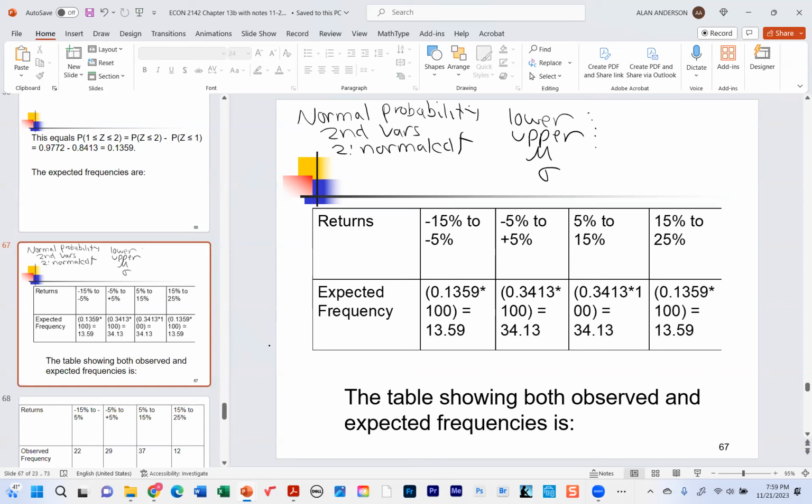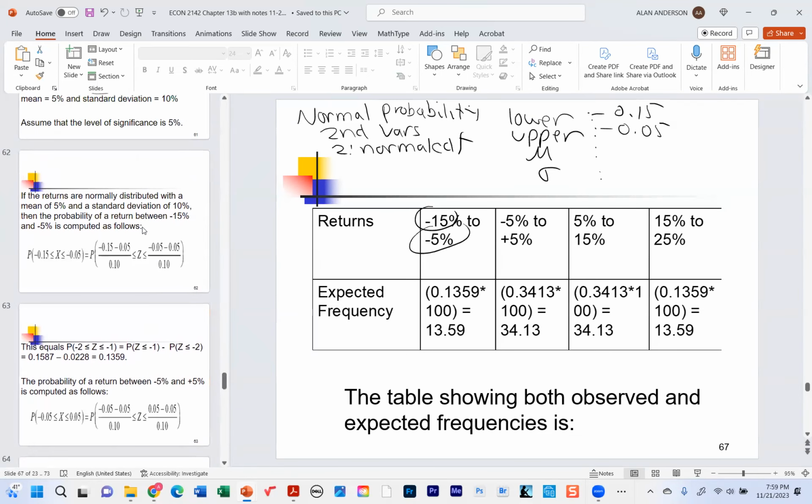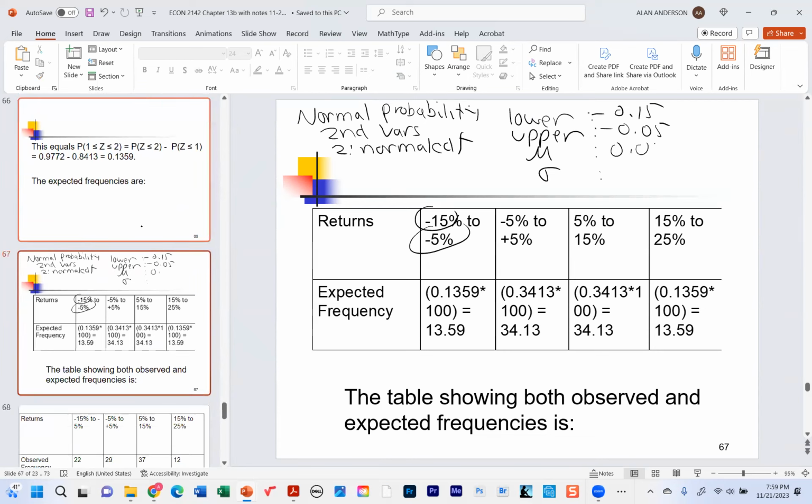So this first one, you've got -15%, positive -5%. The mean comes from the null hypothesis of 5%, and the standard deviation is 10%.